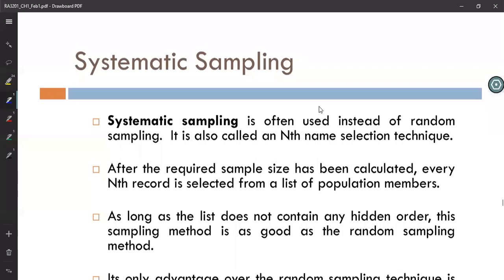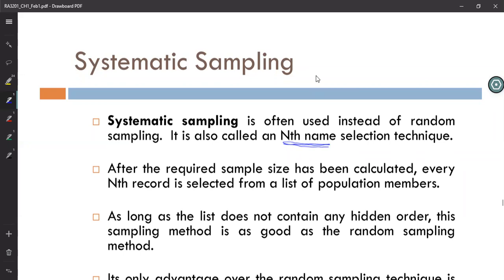Systematic sampling is usually used with a list, where you want to select the nth name or nth person in the list. These are usually used with registers, like in schools or patient records, where you have registers with the patient ID or index number.